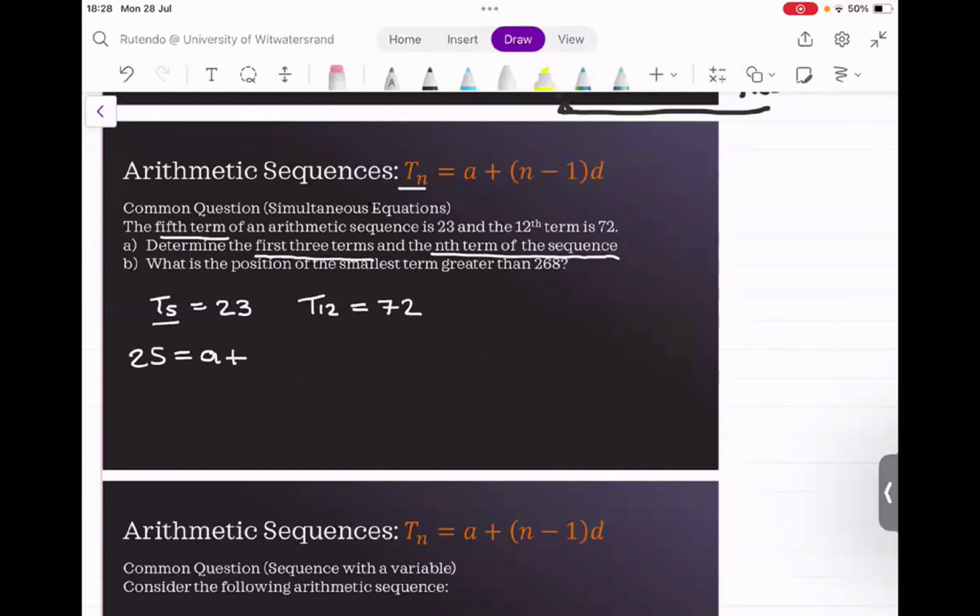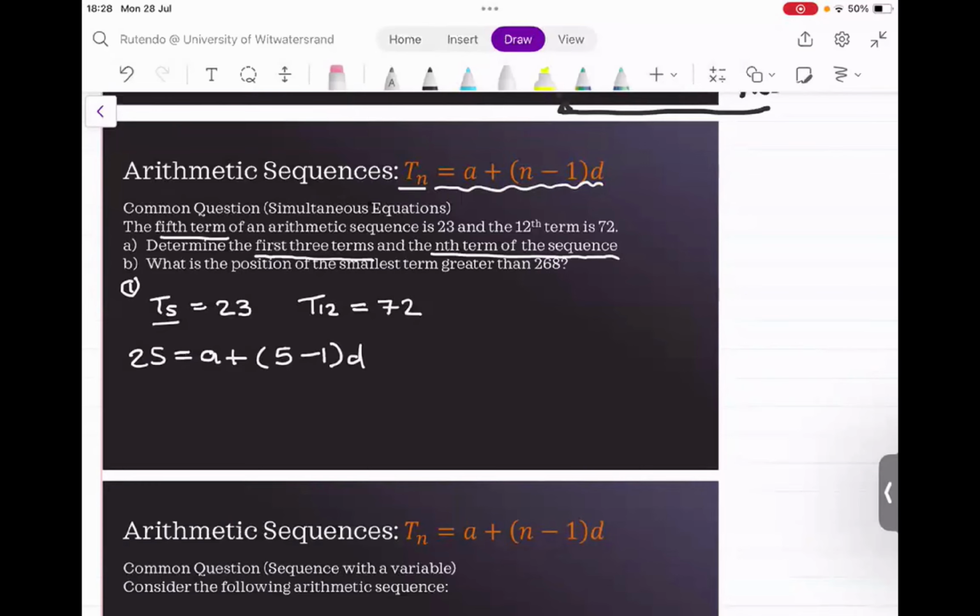And then A plus, what would my n be if I substitute in T5? My n would be 5, so 5 minus 1 multiplied by D. I'm just using the formula that we've got here, and substituting in this first bit of information.